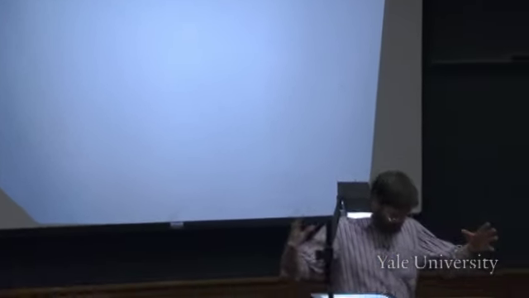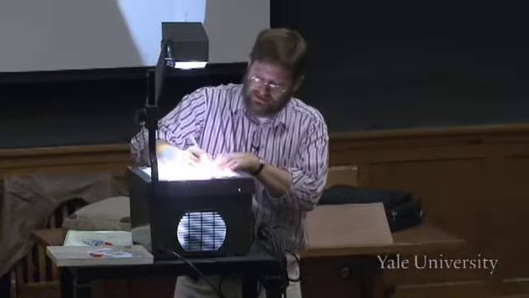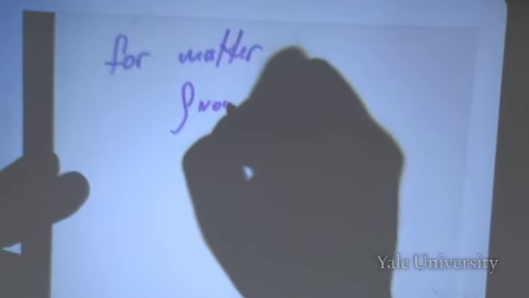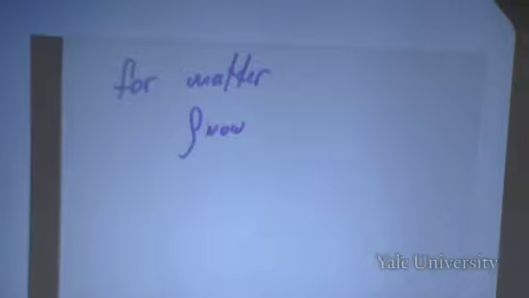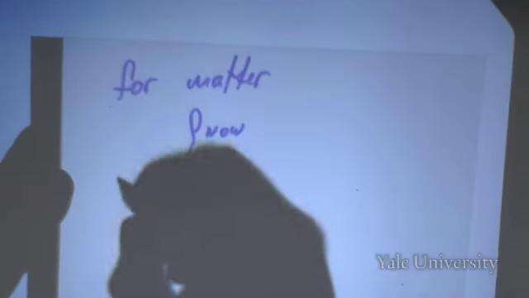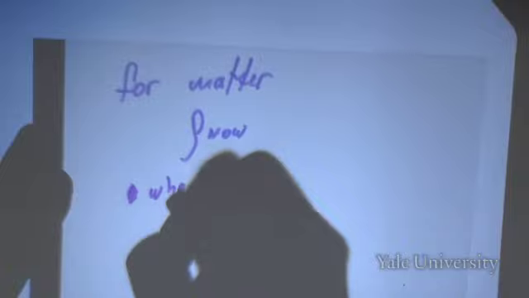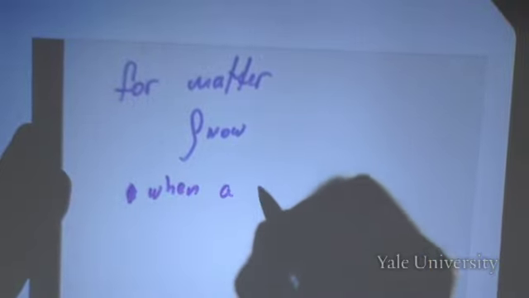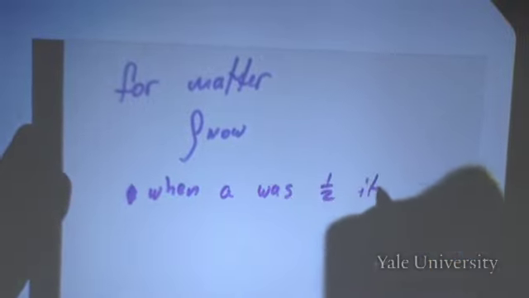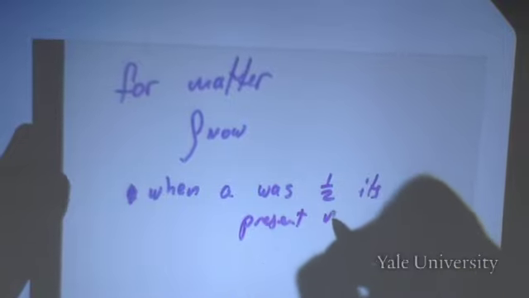Think about matter. The universe also has a bunch of matter in it. So I measure the average density of the universe in the way we've discussed, and you get some answer. So for matter, you can get some density of the universe now. And then suppose you imagine in your mind you go back in time to when the scale factor of the universe, when a was half its present size.